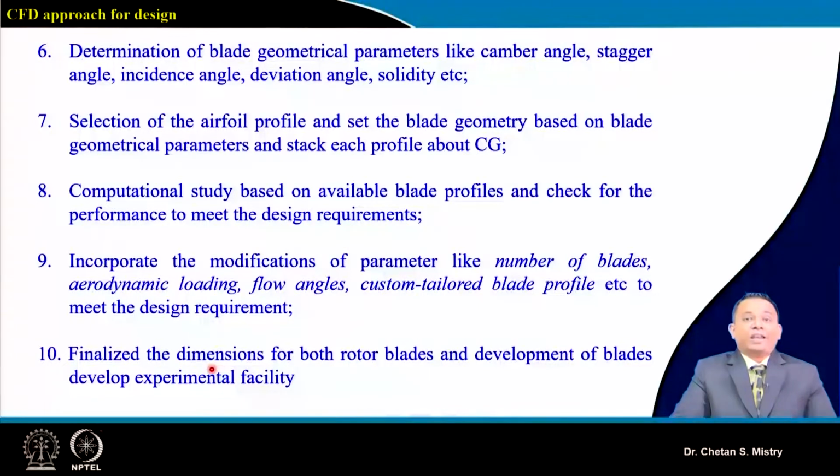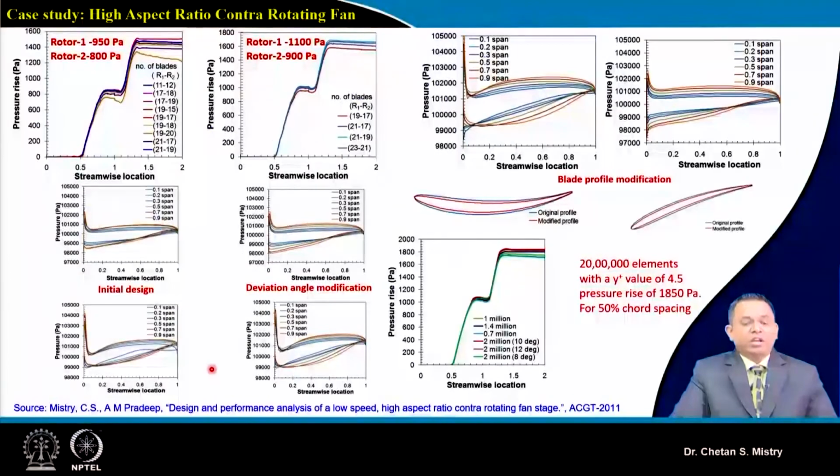Once we finalized all our dimensions, later on we made our experimental setup for both the rotors. Here, initially we started the design with an expected pressure rise of 950 Pascal and 800 Pascal, and we understood how the aerodynamic loading happens on the pressure surface and the suction surface for both the rotors.